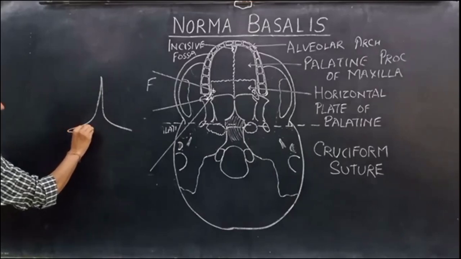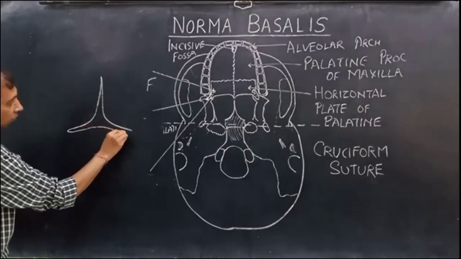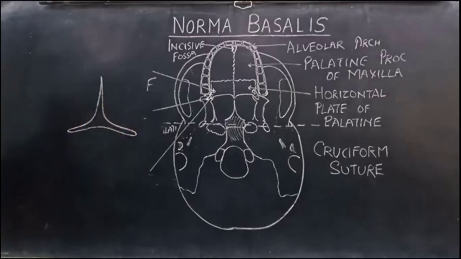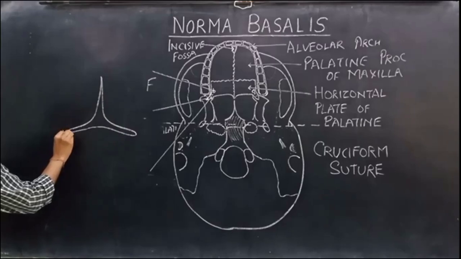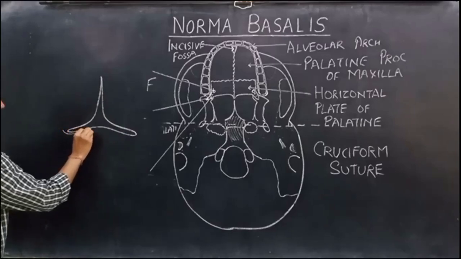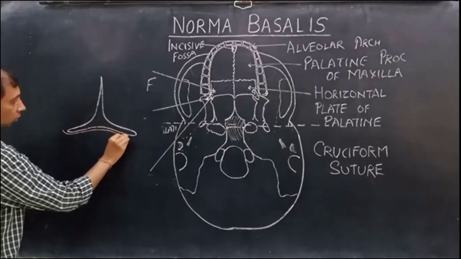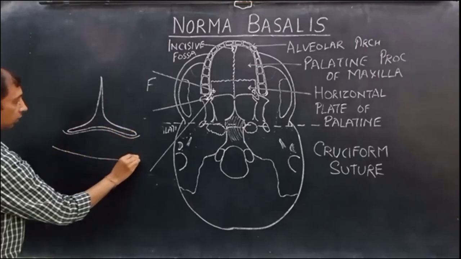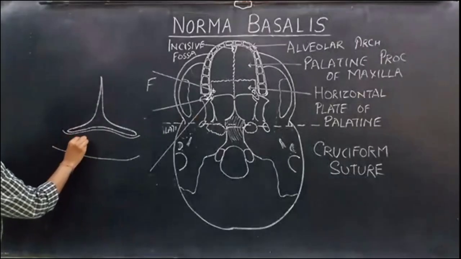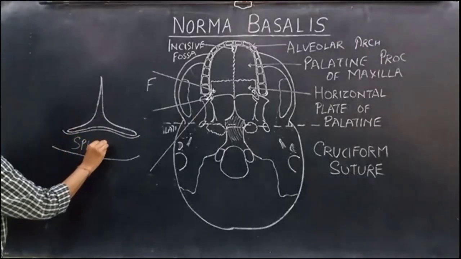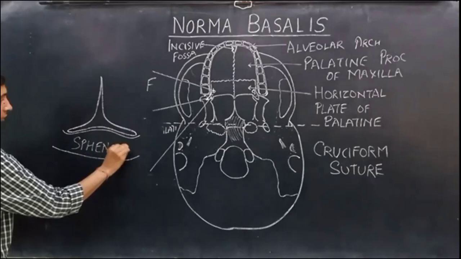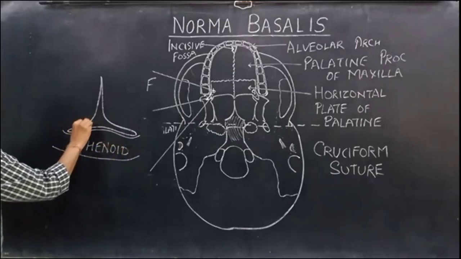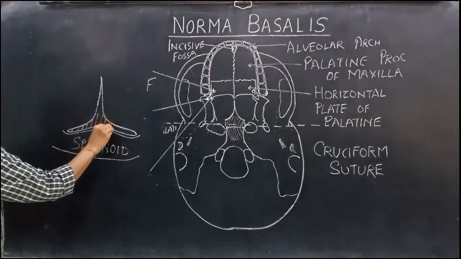These are the alae, or the ala of the vomer. And the vomer is resting on which bone? That is the sphenoid bone. So here is the sphenoid, and this here is the vomer.